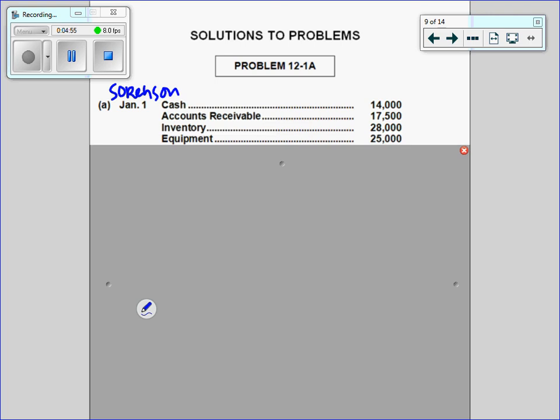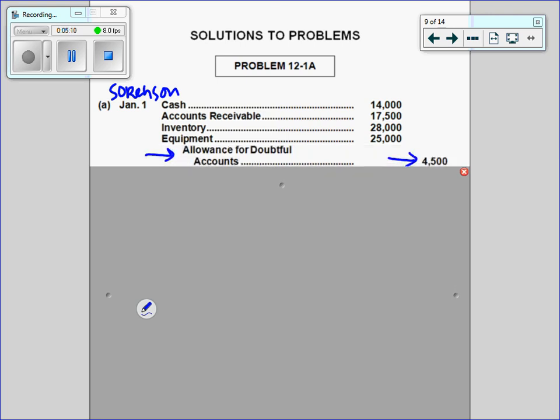And then equipment, remember, it had a balance and a contra asset that went with it, but depreciation does not transfer over to a partnership. We did have that contra asset of allowance for doubtful accounts. You might want to write contra asset there.